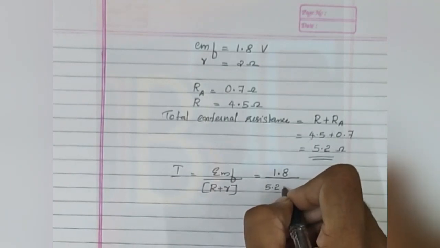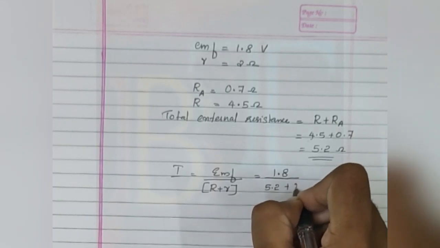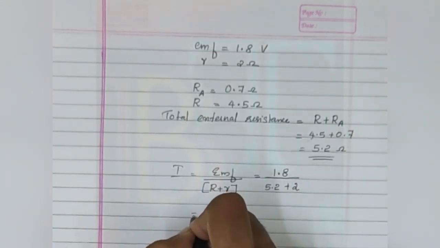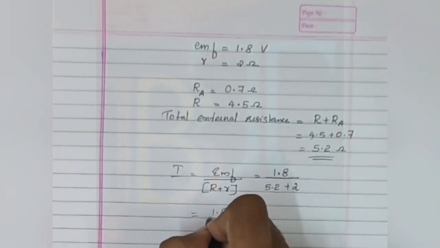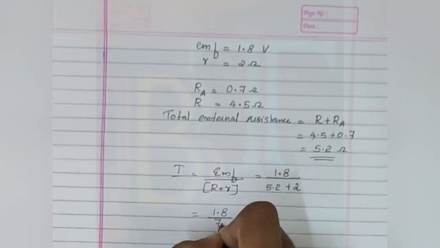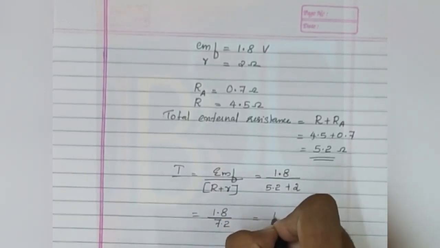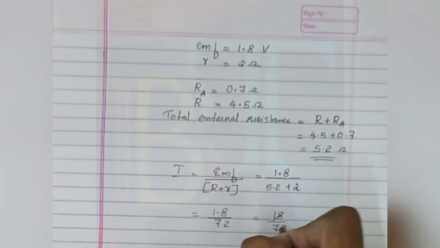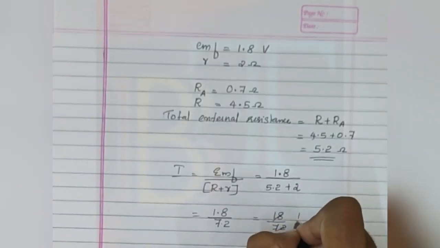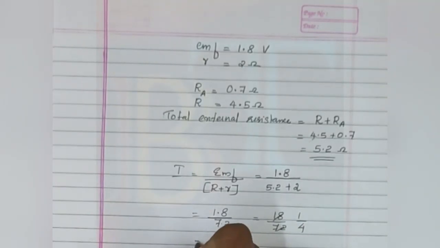So it is 5.2 plus 2. Hence 1.8 divided by 7.2, which is 18 by 72. On cancelling, we will get 1 by 4. And 1 by 4 is 0.25 ampere.